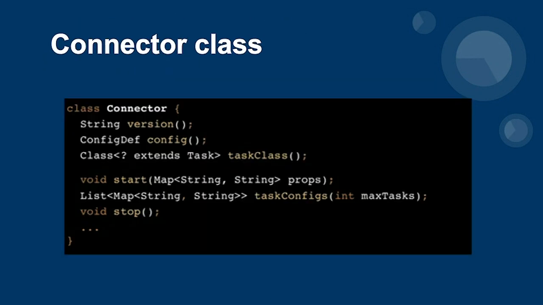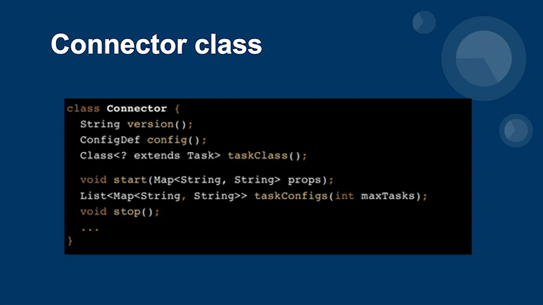So let's see how to implement a connector. The first class that we have to implement is the connector class. And these are the following methods that we should implement. In the start method, essentially what we do is that we talk to the external system and fetch the information about the data that we are dealing with, and use the information for task distribution. And secondly, determining the task level configurations.